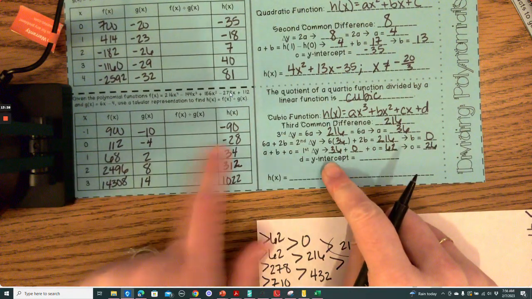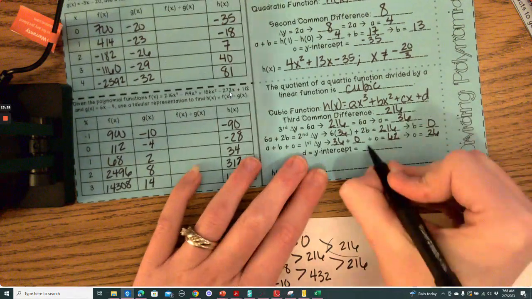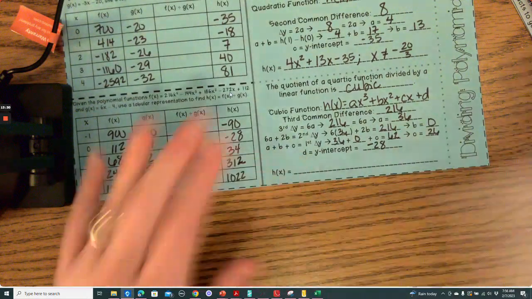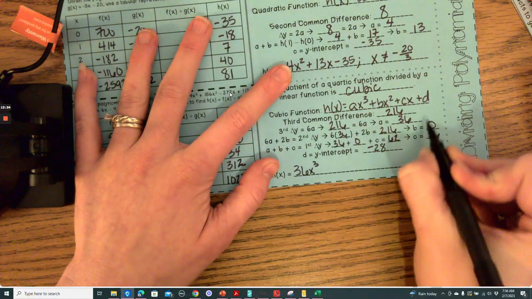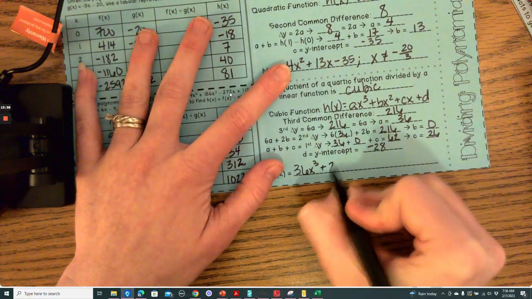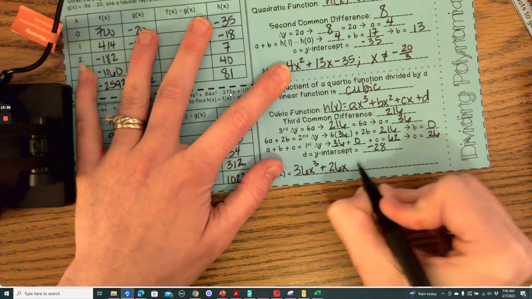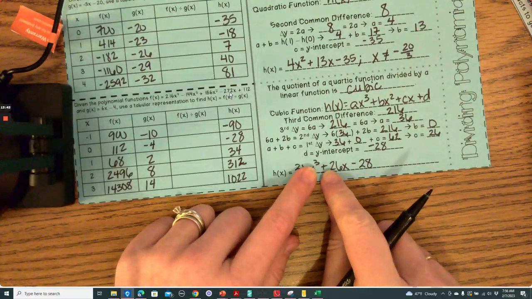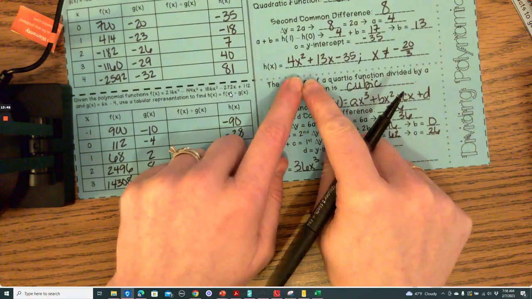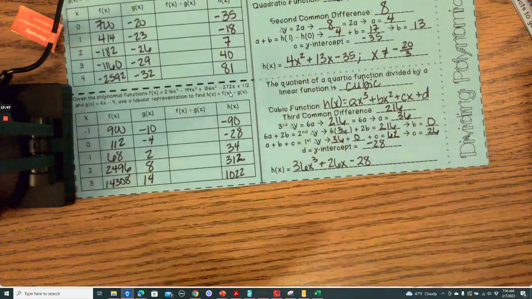And then our y-intercept is a -28. So 36x cubed. We don't need to write the b value. Plus 26x minus 28. And again, you could use cubic regression here. You could use quadratic regression here. That will work on these.